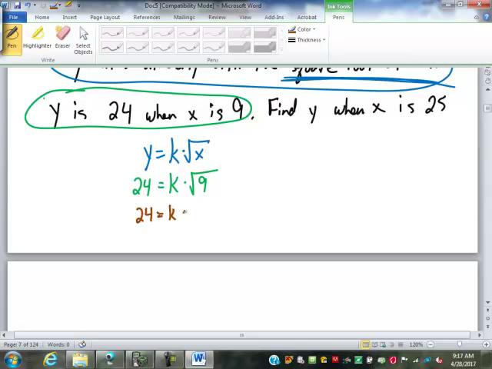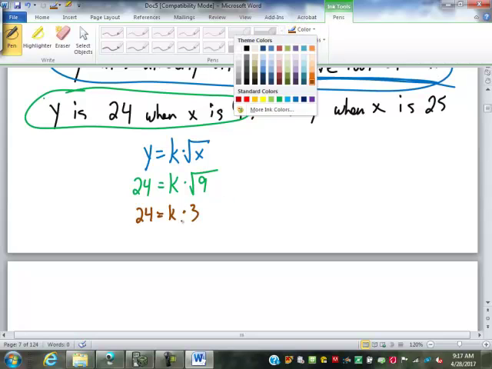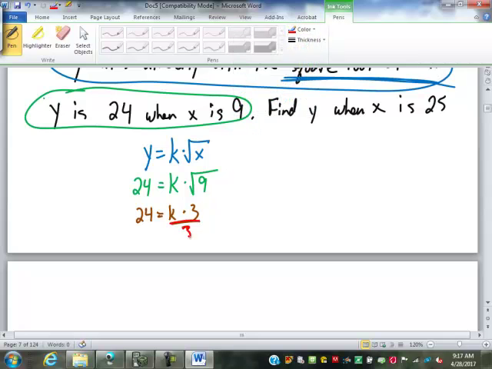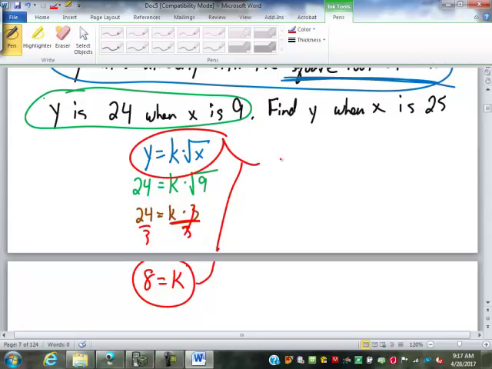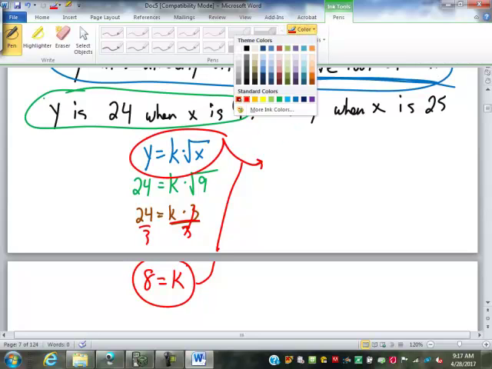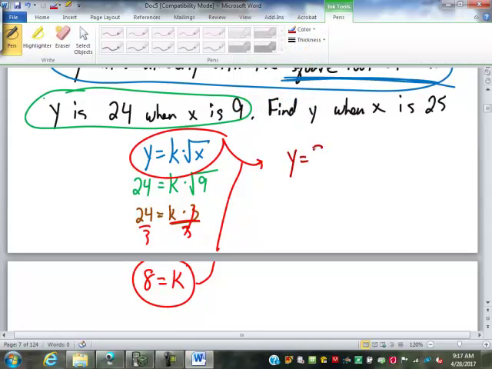So the square root of 9 is 3. Then we'll divide by 3 to get k by itself. Solve for k. So 8 equals k. So we can still put that up here in our original relationship to define it better. Replace the k with 8. So y is equal to 8 times the square root of x.